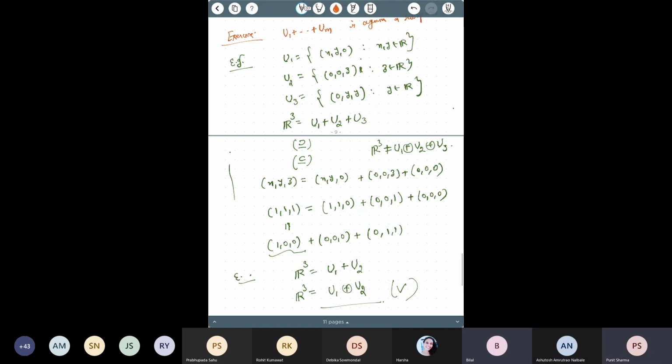The intersection of V1 and V2 is 0, so the intersection of all will also be 0. So here the intersection has only the additive identity, but still you have an example where you cannot say that it is a direct sum of these three. So that intersection won't work here.